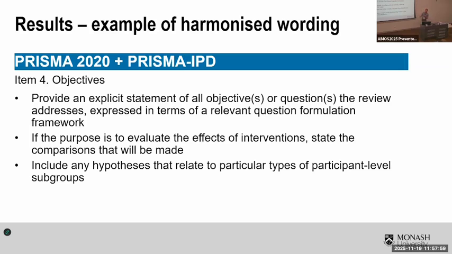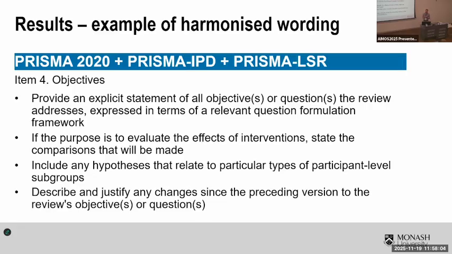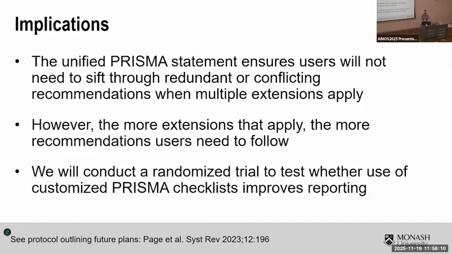And then if this was also a living review, you'd need to maybe justify and describe any changes since the preceding version of the review. So ideally, we hope that having done this work, it will ensure users won't have to sift through redundant or conflicting recommendations when multiple extensions apply.